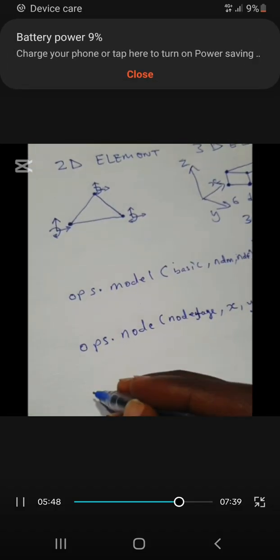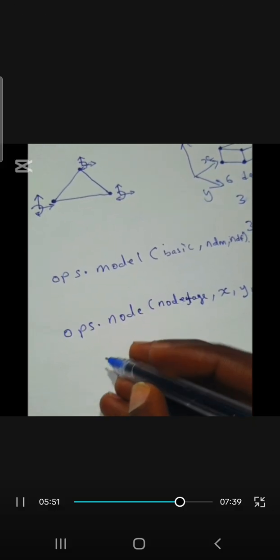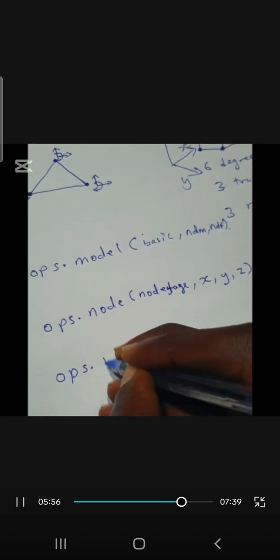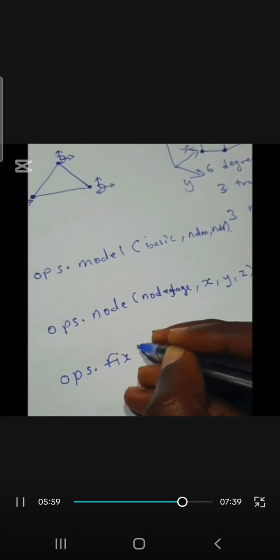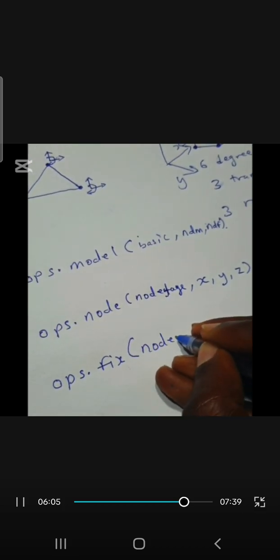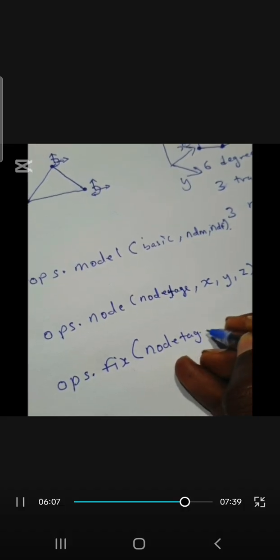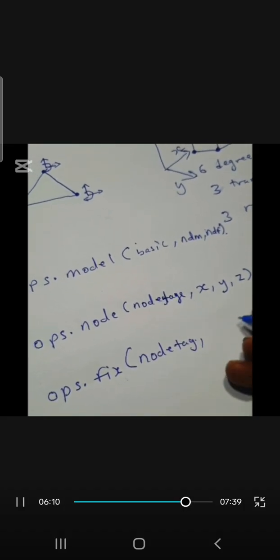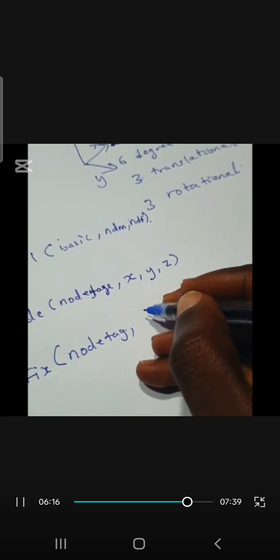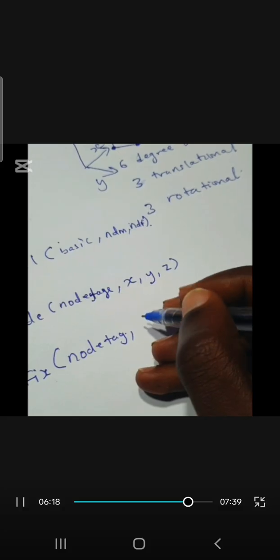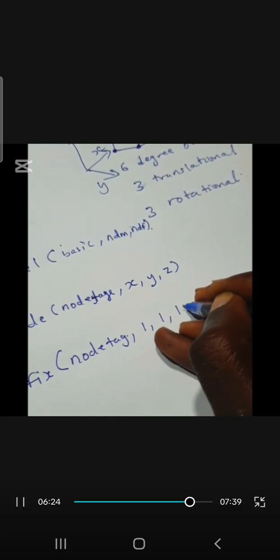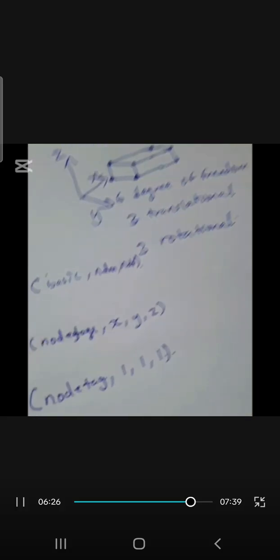The next thing is the boundary condition, which you can define using the command ops.fix. So like this, you provide the node tag as the first parameter. Then if you want to define it as a fixed support, you provide everything to be 1, 1, 1, like this.